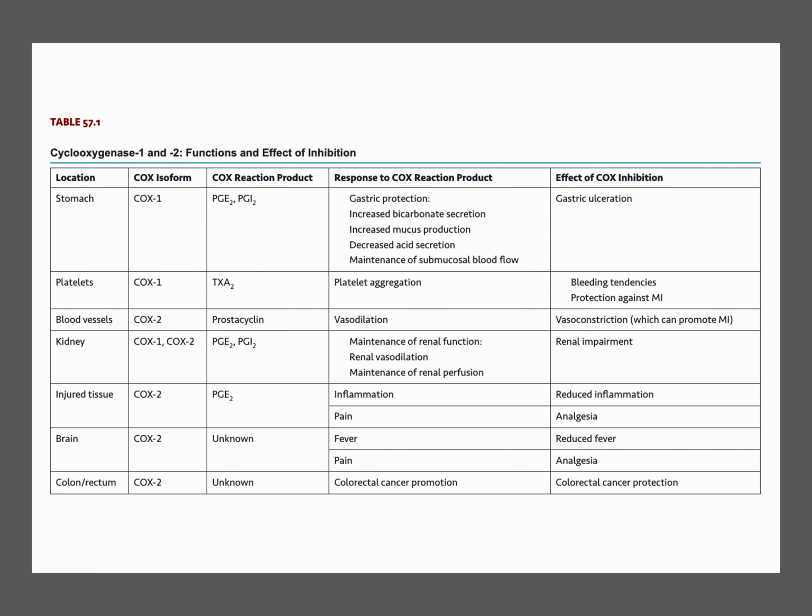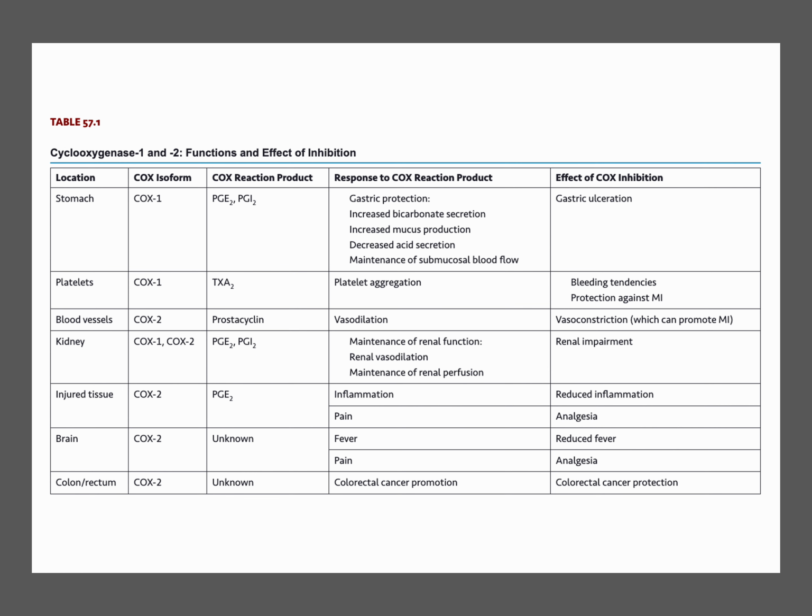COX-2 on the blood vessels, when activated, will promote vasodilation. Now, if we give a COX-2 inhibitor, this can actually cause vasoconstriction. So you see here, this is the reason why a COX-2 inhibitor may promote MI.